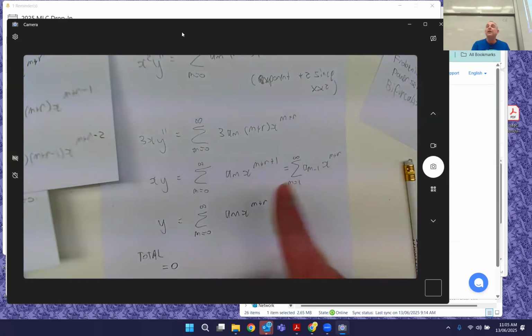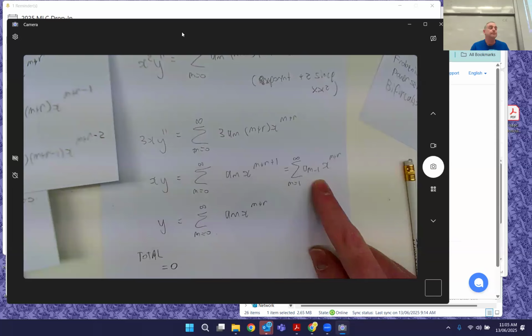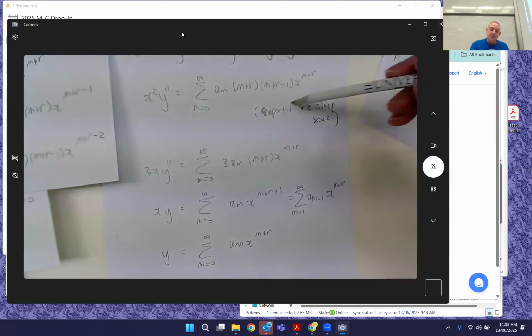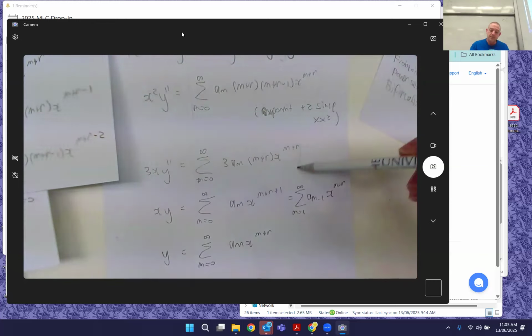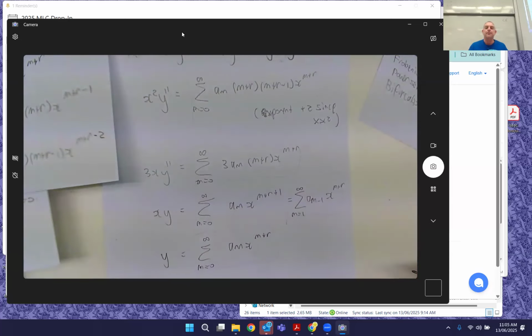It's the same list of things. I've just made them by subbing in different numbers. So I've subtracted 1 from these and added 1 here. And now I know that when I add all of these together, it should come out to 0.